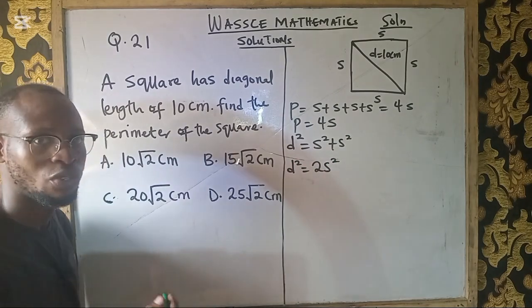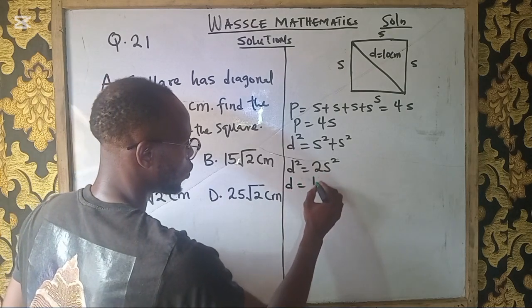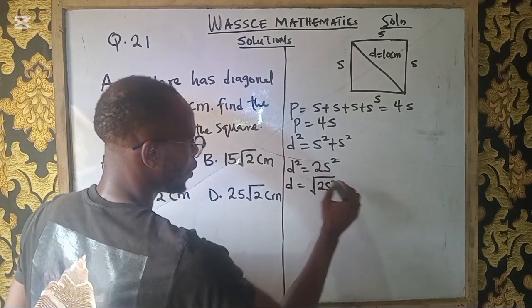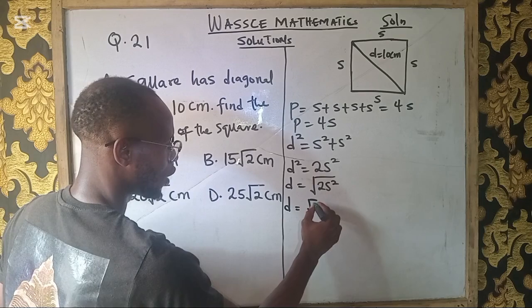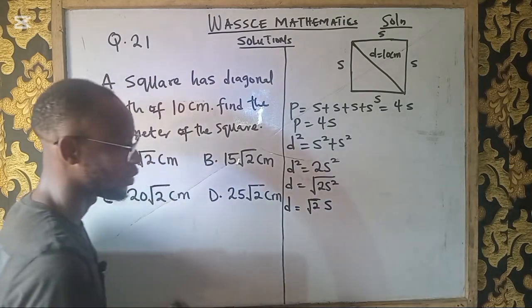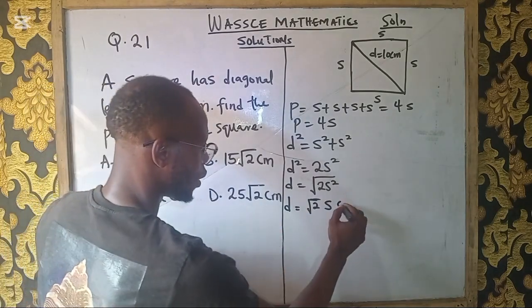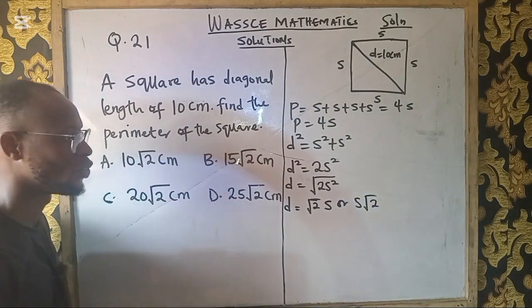We are looking for the value of d, not d squared. So we take the square root of both sides. d will be equal to the square root of 2S squared. So this is going to be d equals square root of 2, let us leave it as square root of 2, then the square root of S squared is simply S. So if you rearrange this, it's the same thing as saying S root 2. So the diagonal formula of a square is what? S root 2.